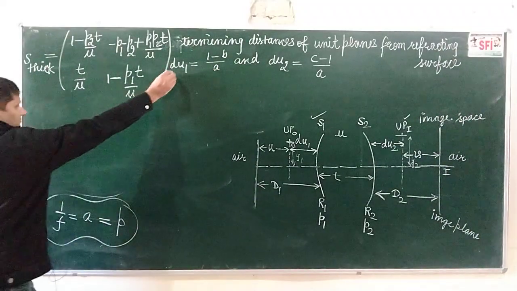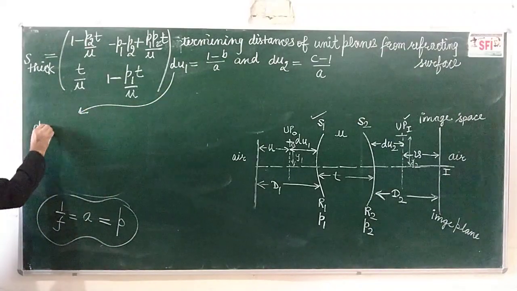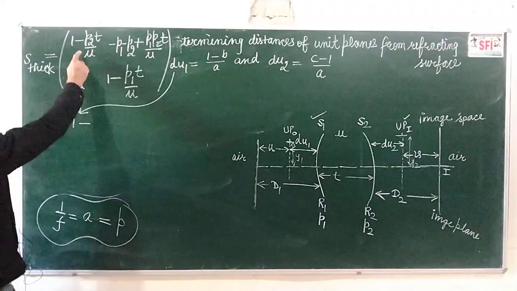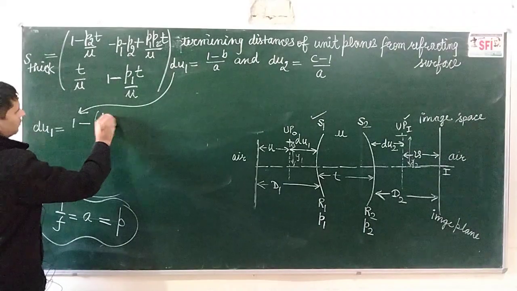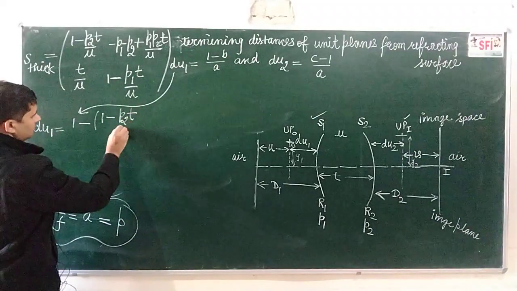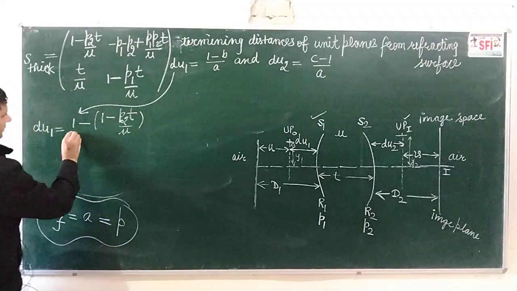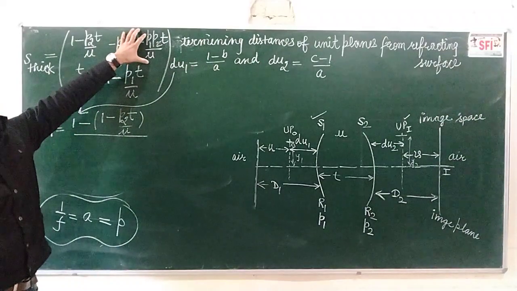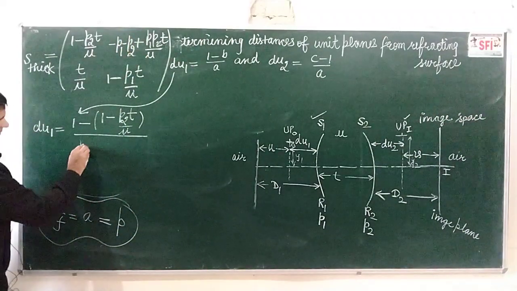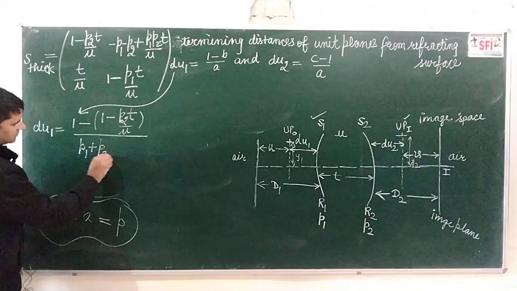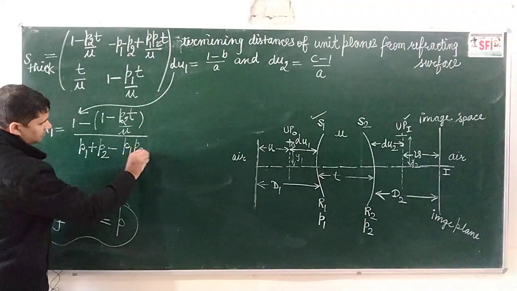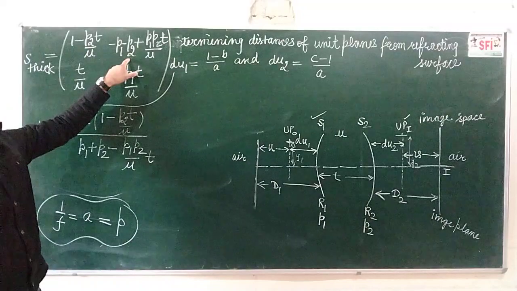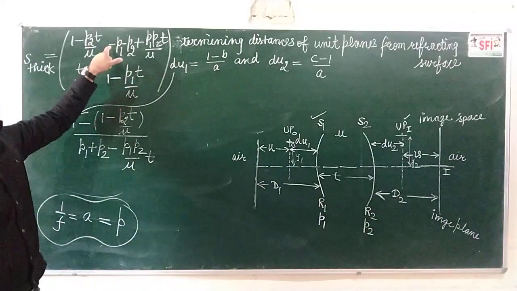So firstly, find the value of du1. du1 will be equal to 1 minus B. This is B, so I am writing it here: 1 minus P2 into T by mu, divided by A, and this factor is minus A, so you will write P1 plus P2 minus P1 P2 divided by mu into T. Let me remind you again, this is minus A, so to put the value of A you have to adjust the minus here.